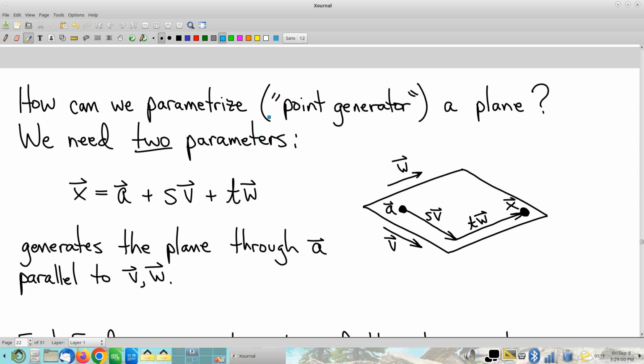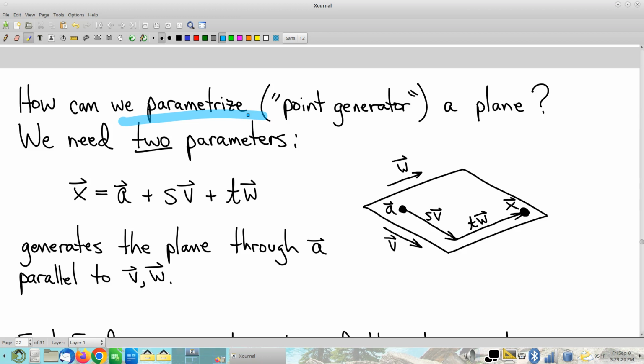A single parameter is not going to do it. If you have a parameterization with a single parameter, you think of that parameter as time. You have position as a function of time. That literally traces out a curve, which could not possibly trace out a plane. A plane is not a curve. So one parameter is hopeless.